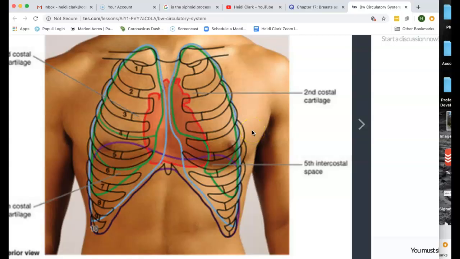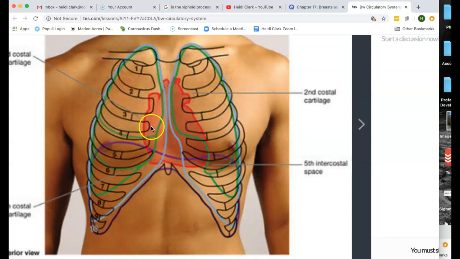And so in order to orient ourselves to where the heart is in relation to the ribs and skeleton, we can look at this illustration that should help with that. So the right border of the heart. So here's the right border of the heart. It goes from the 3rd to the 6th costal cartilages, right? So here are the ribs, and then in from the ribs are the costal cartilages.